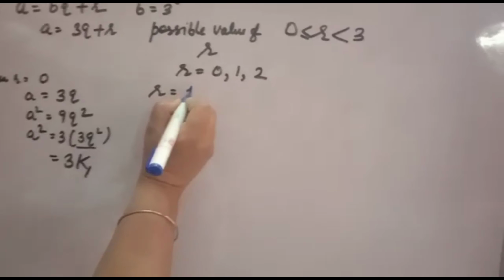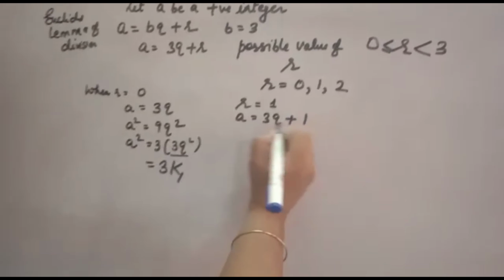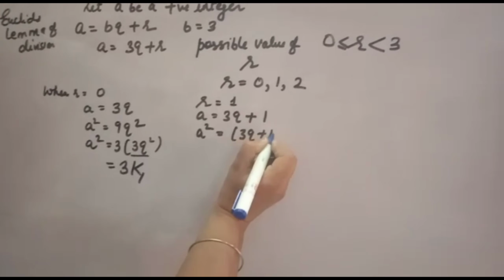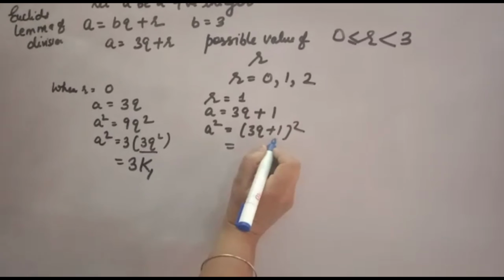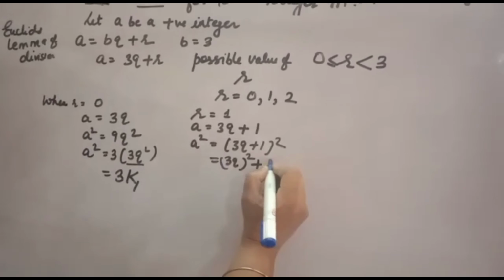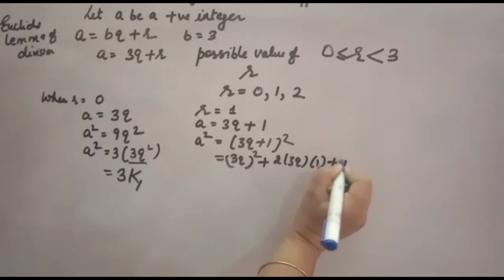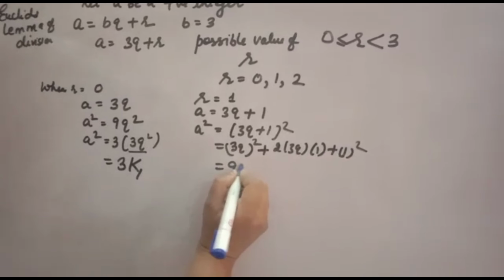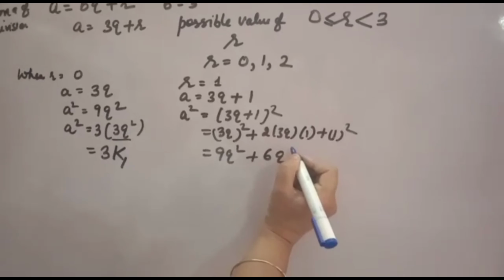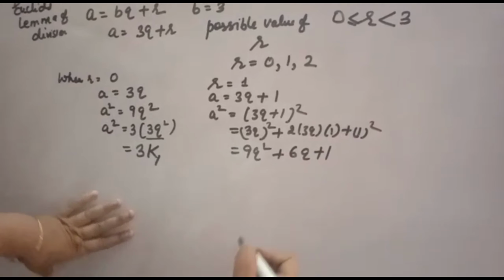When r is equal to 1, you will get a is equal to 3q plus 1. Now again square you will do, because square word is there in the question. You will square them, a plus b whole square. You will get 3q square plus 2 into 3q into 1 plus 1 square. 9q square plus 6q plus 1.